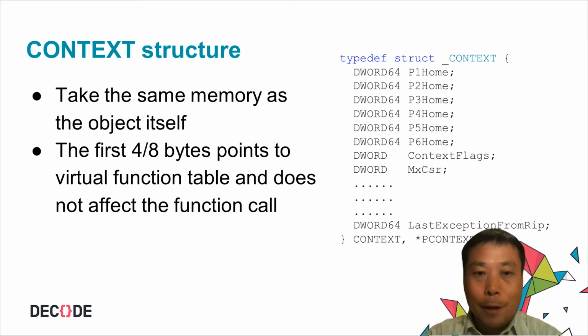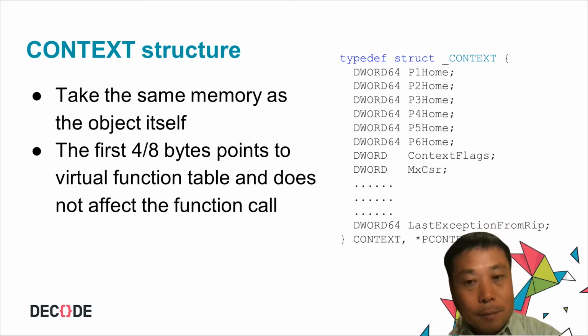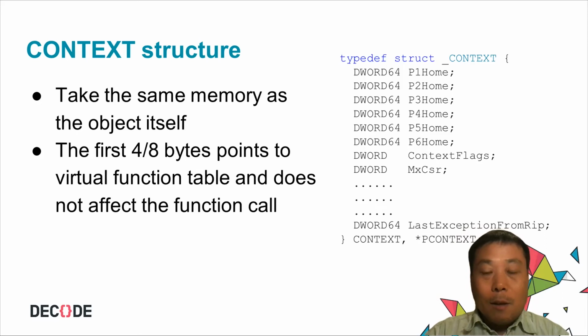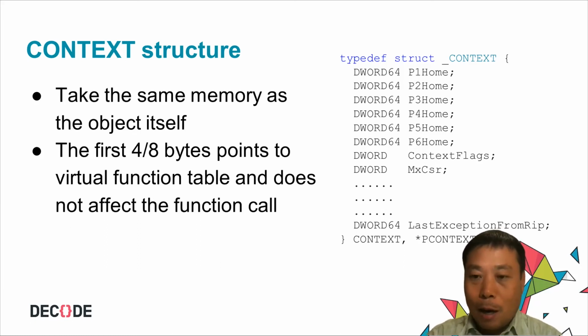There will be no conflicts. So with this function call, we start a new thread, and that thread will run our shellcode, and everything will be under our control.